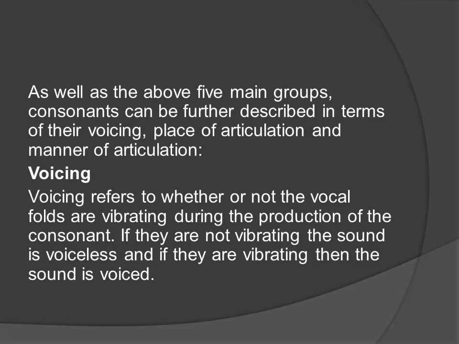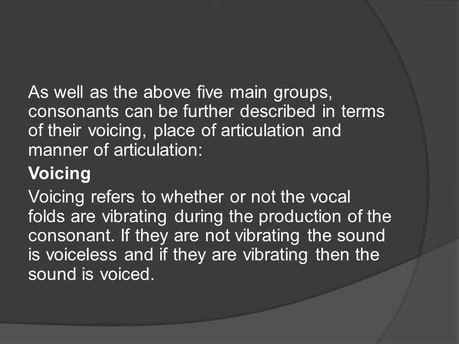As well as the above five main groups, consonants can be further described in terms of their voicing, place of articulation, and manner of articulation. What does voicing mean? We have to define and classify the consonant sounds according to voicing.